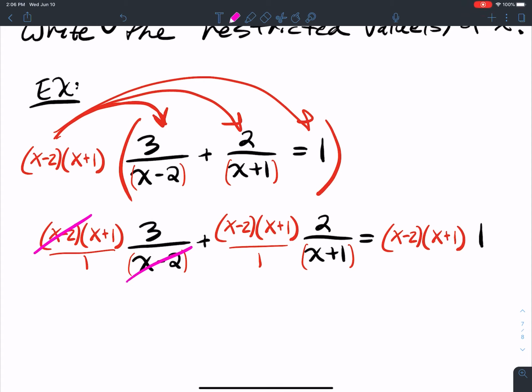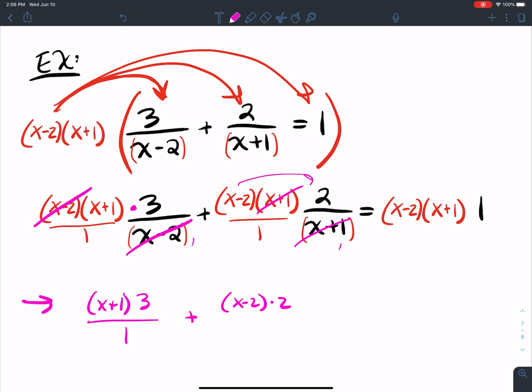So this reduces to x plus 1 times 3, and that's just a 1 in the denominator, so that goes away. If you want to write over 1, you can. And then we have x minus 2 times 2, and we just have the 1 in the denominator, and then this just looks like x minus 2 times x plus 1.